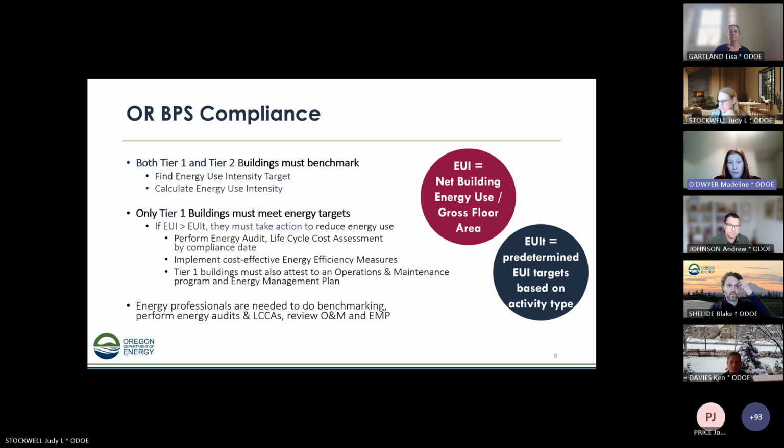If and only if you're a tier 1 building and your EUI is greater than your EUI target, then you must complete an ASHRAE level 2 energy audit and look through what your next compliance actions might be. And we'll get through that also later in the slide deck. Next slide.